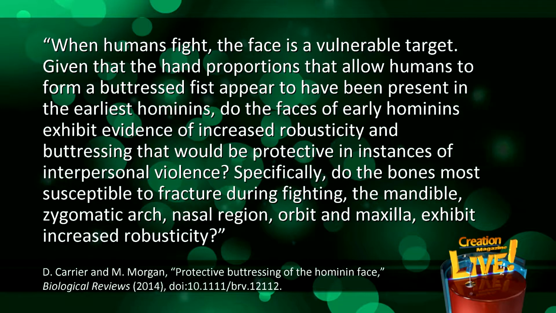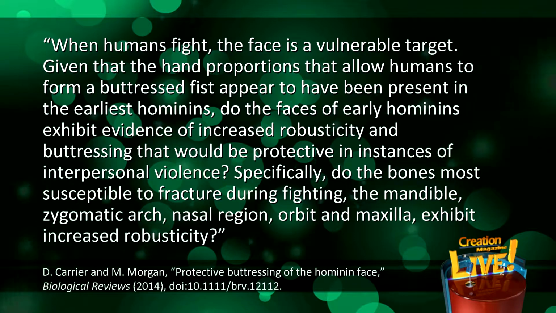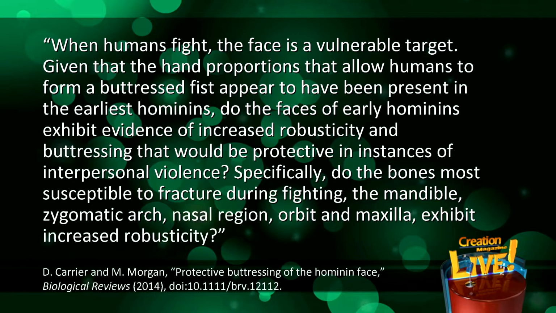Specifically, it's hard to read this without laughing. Specifically, do the bones most susceptible to fracture during fighting, the mandible, zygomatic arch, nasal region, orbit, and maxilla, exhibit increased robusticity? Folks, go on the web and look up human face shaped by millions of years of fighting and read this article.